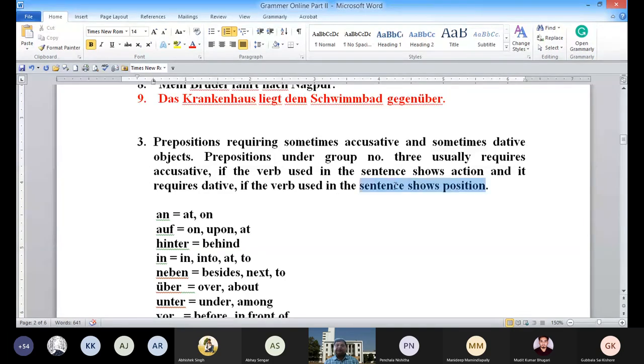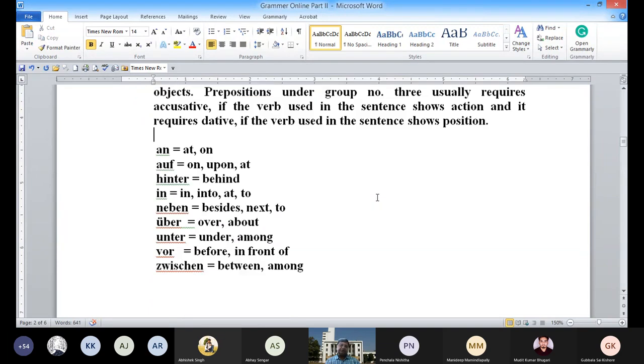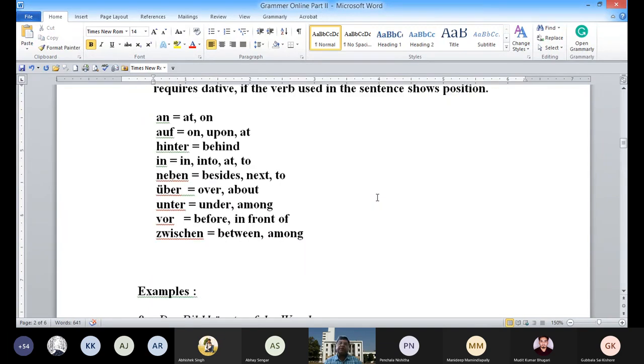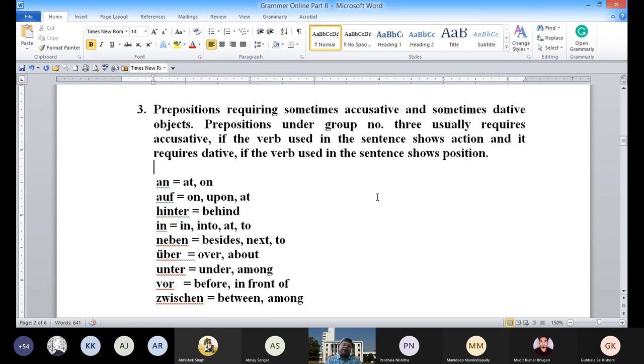I will explain what action and position mean. So this third group of prepositions will require sometimes accusative, sometimes dative, depending on action and position.